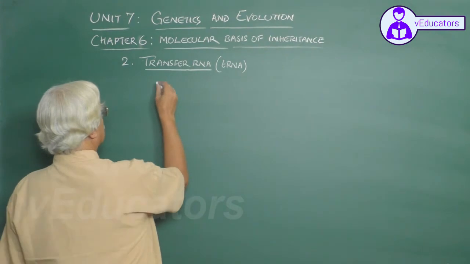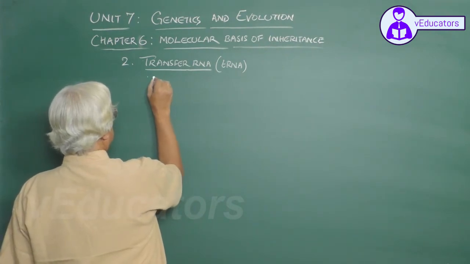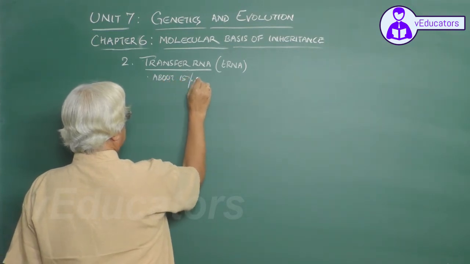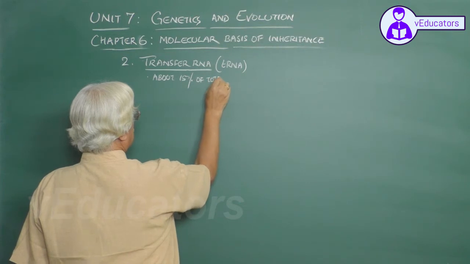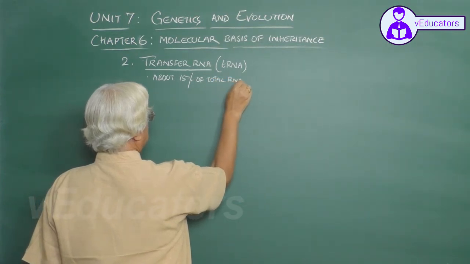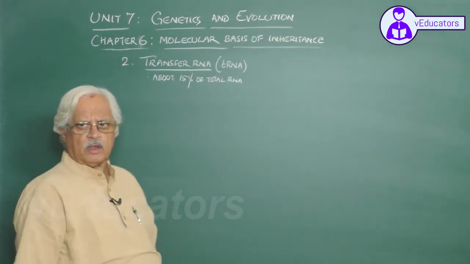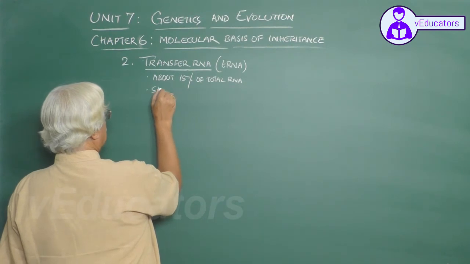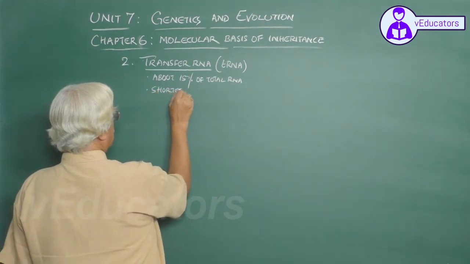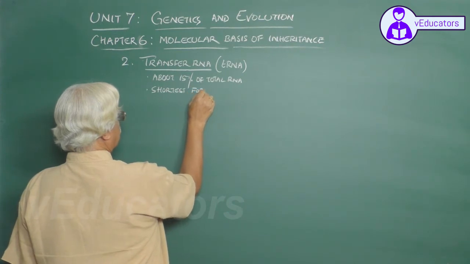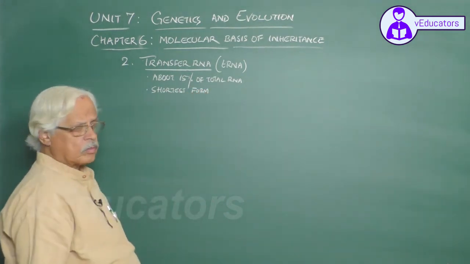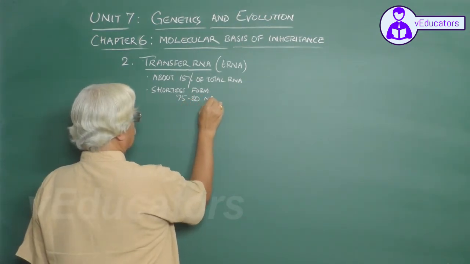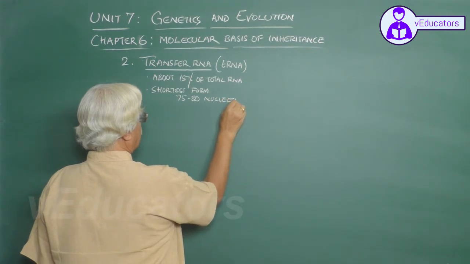Transfer RNA accounts for about 15% of the total RNA in a cell. It is the shortest form of RNA, containing hardly 75 to 80 nucleotides.